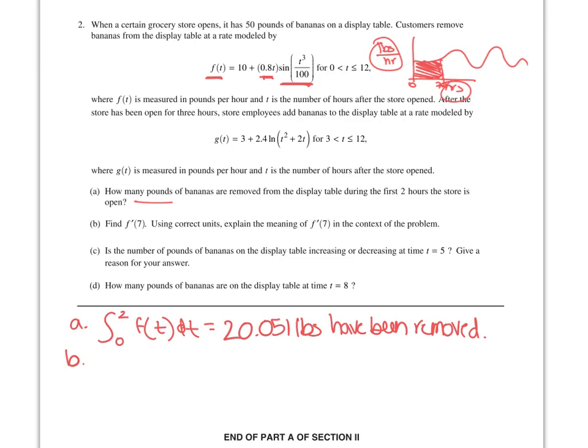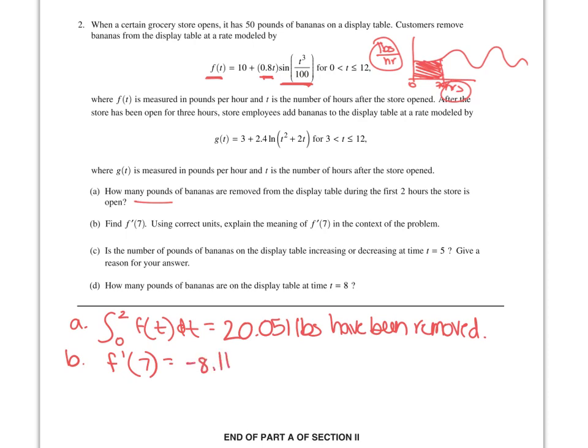So if you have this graphed in your y equals, you can calculate F prime of 7 by hitting second calculate, number 6 is our dy dx, and type in 7.